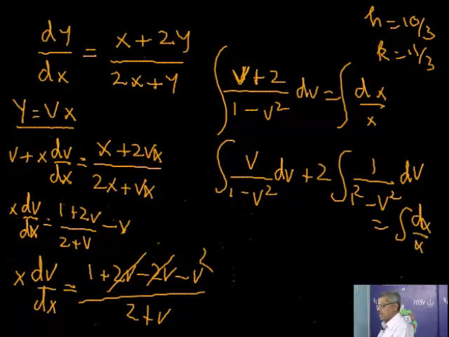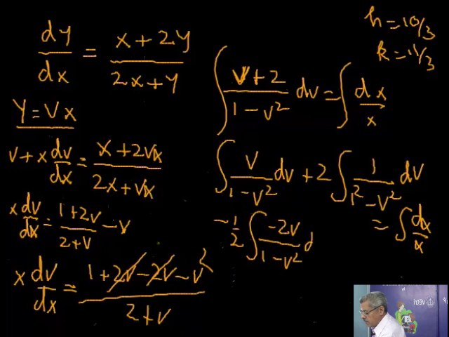Now, differentiating v² you get 2v, 2 is missing, and minus 2 is missing because we differentiate minus v² you get minus 2v. So what we do is minus half of integral of (-2v)/(1 - v²) dv. So this 2 gets cancelled, minus sign, you get a plus v. So here this can be integrated easily without any difficulty.